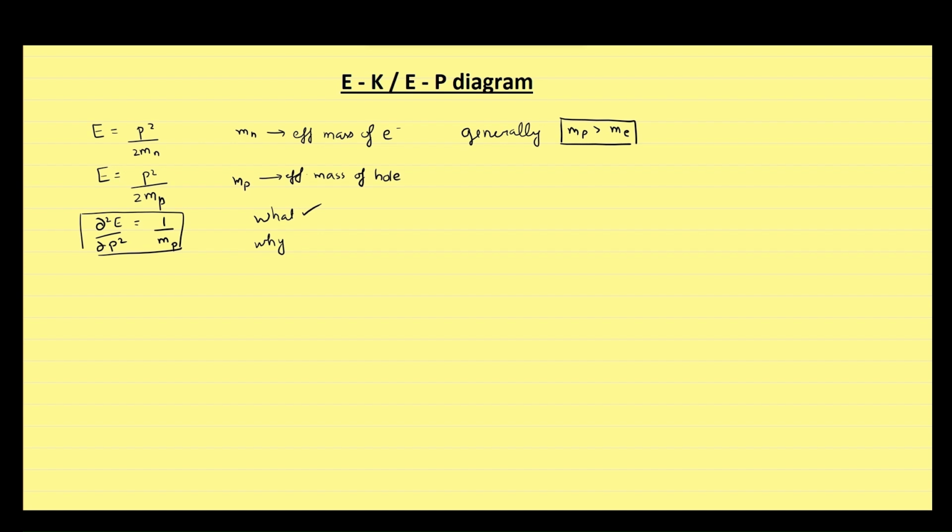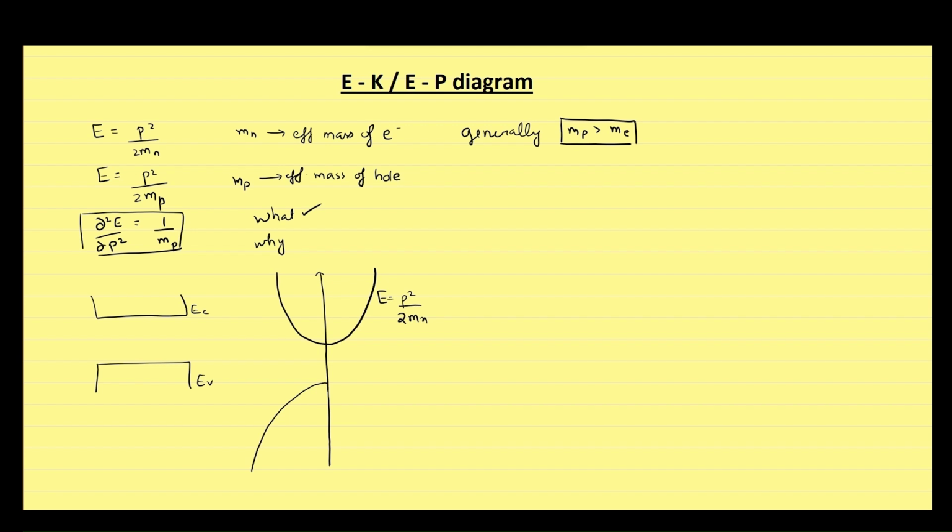Suppose if you are asked to draw energy momentum diagram for a semiconductor, then not only electrons are considered but holes are also considered. Suppose there is a conduction band. Here we have valence band. We have E is equal to P square upon 2mn, and here we have E is equal to P square upon 2 MP.